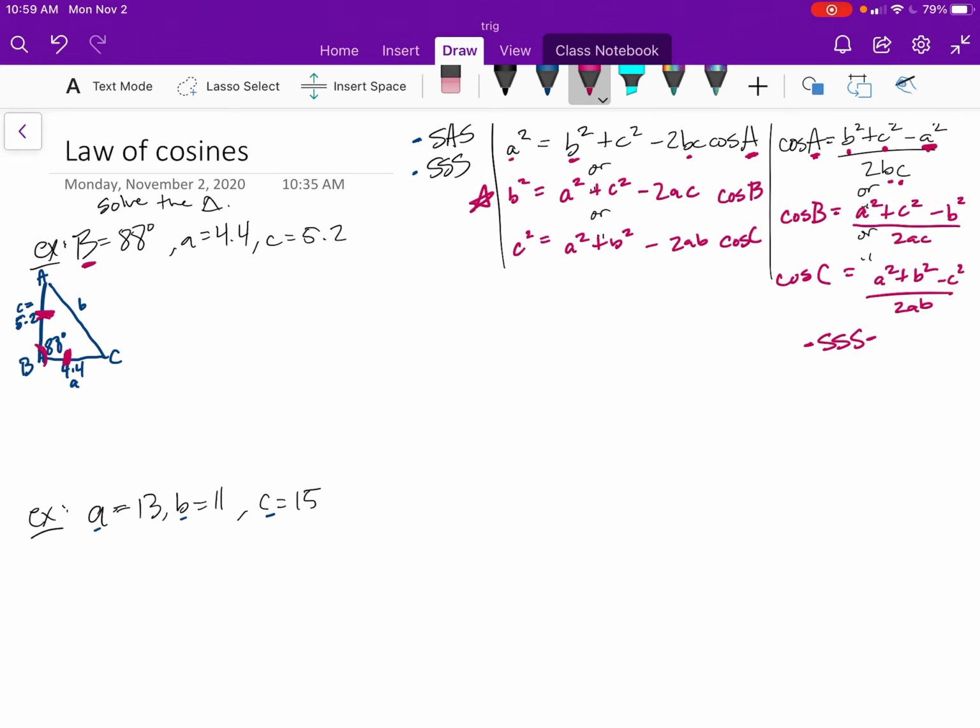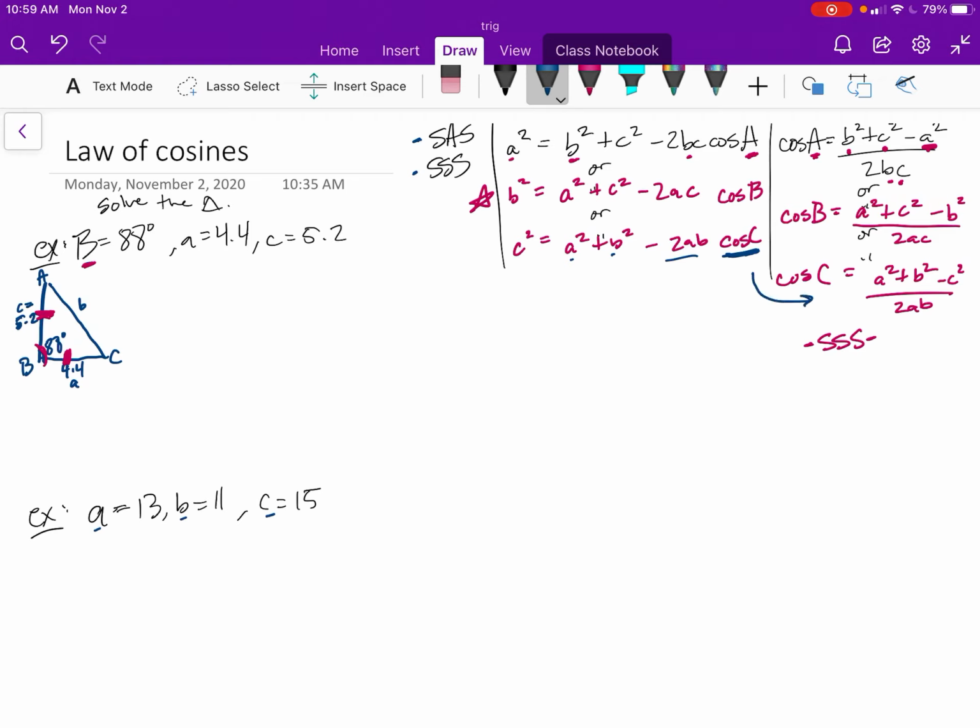One more thing I would like to share, and I'm not going to solve it, but why are there 6 different formulas? Well, like I just showed, it kind of depends what angle you have to know which formula you have. But really there are 3, and then if you solve for any one of these, right, if I solve for cosine C, I'd first have to subtract the a squared and the b squared, and then I would divide by negative 2ab.